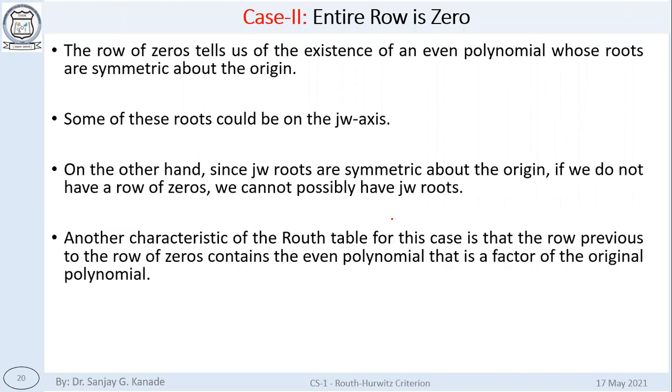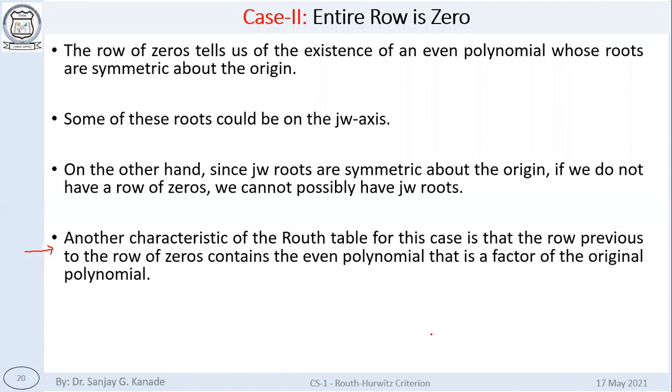So this is what I just explained. This is what I have written here again. This is one additional characteristic that you can note down, that when there is a case of all zero rows, then the row previous to the row of zeros, the auxiliary polynomial row, contains an even polynomial, and that even polynomial itself is a factor of the original polynomial.